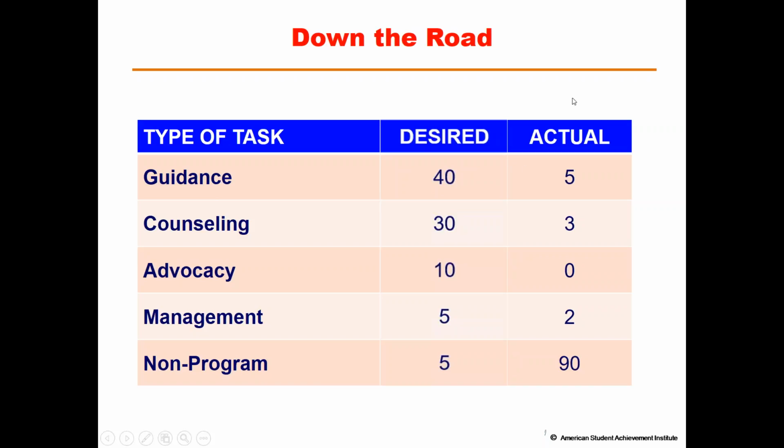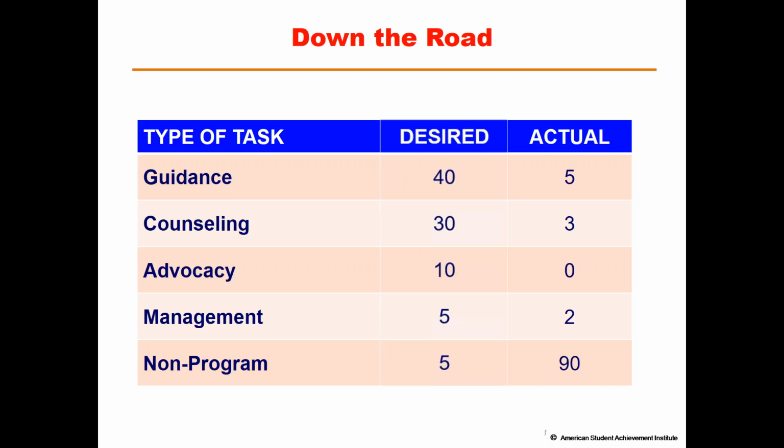In reality, we are only spending 5% of our time doing guidance activities, 3% of our time doing counseling activities, 0% of our time advocating for kids, 2% managing our program, and 90% of our time doing non-program activities. And these may look like drastic percentages, but these are actually my school counseling percentages when I first started as a school counselor in a program that was really not using counselors as counselors.